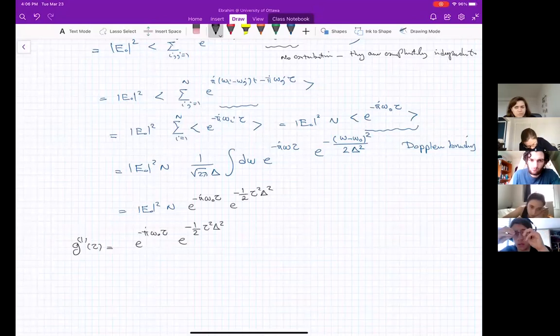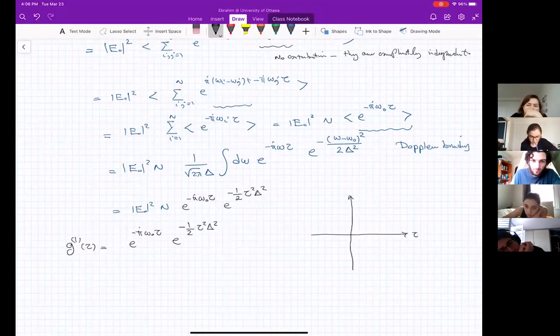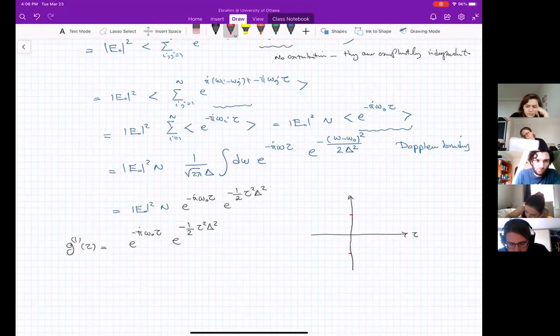So what does it mean? That for Doppler broadening, if that is tau, then again, the g function will go from -1 to 1, okay? But the envelope is not anymore a Lorentzian function, but a Gaussian profile.